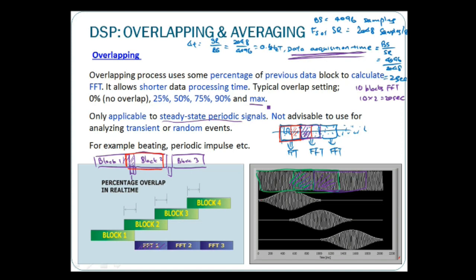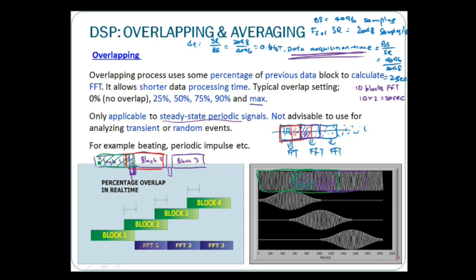So for example here, let's say this is the time that I use to calculate FFT. So the maximum is the maximum so-called overlapping is that block, right, this block. The second block is the green one.